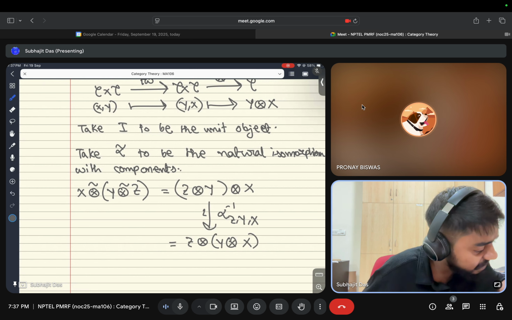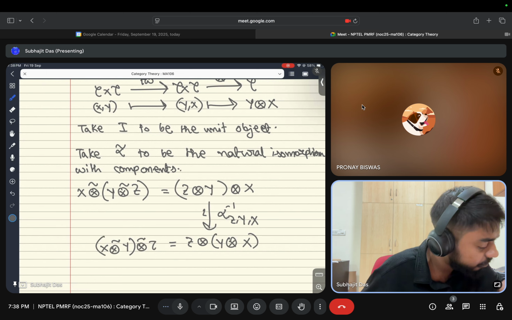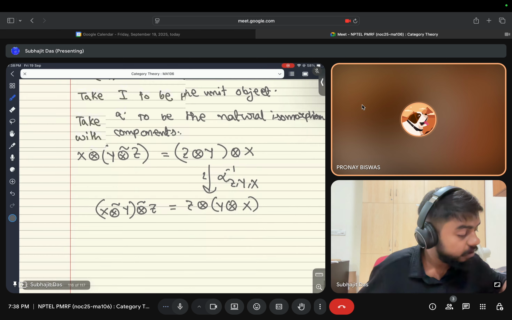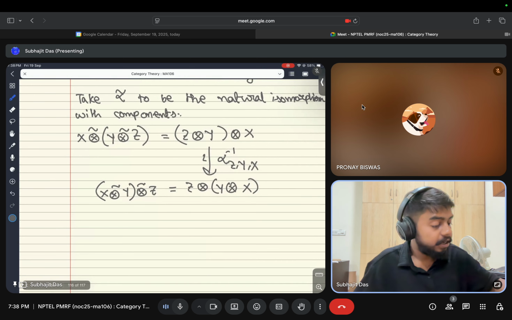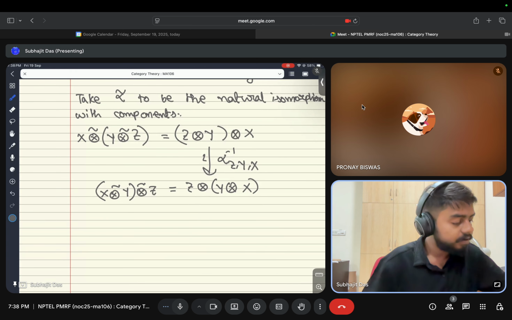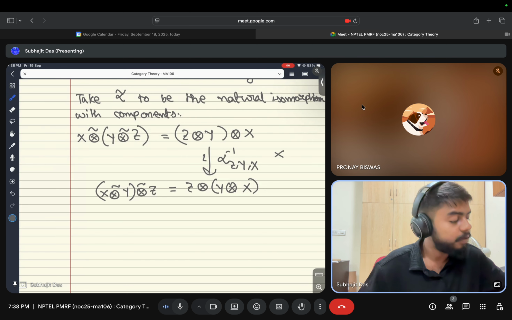Precisely, because this is exactly equal to x tensor tilde y tensor tilde z. Okay, this is indeed natural because alpha is natural and hence alpha inverse is natural. So x, y, z.